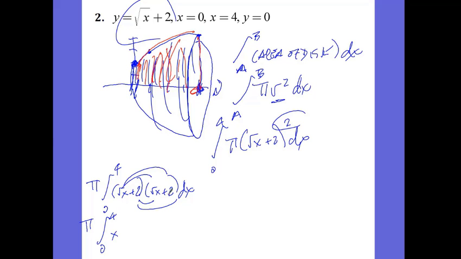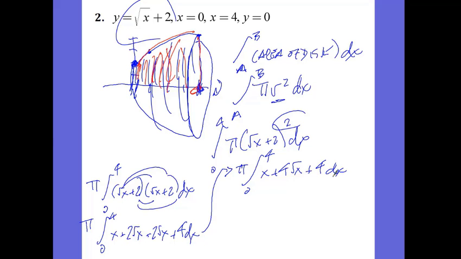Root x times 2 is 2 root x. Root x times 2 is 2 root x. And then 2 times 2 is 4. Okay. And I can simplify this. I just get x plus 4 root x plus 4 dx.